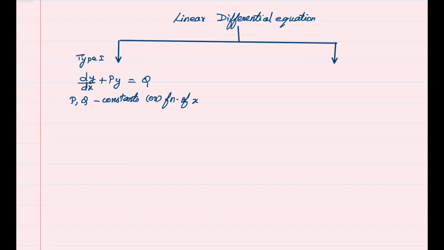There shouldn't be y term in p and q. Then the solution is, first step is we find the integrating factor, which is e power integral p dx, and then the second step is we write the solution. The solution is y into integrating factor equal to integral q times integrating factor dx plus c.